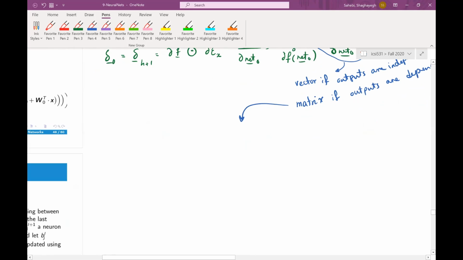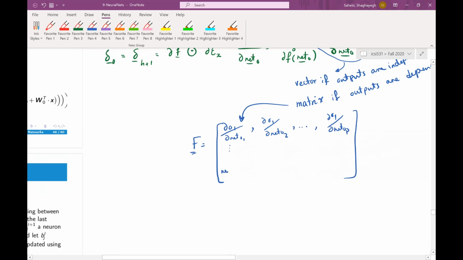Let's call it F, and it has all the partial derivatives in it: the derivative of O1 with respect to net O1, where O1 is basically FO of net O1, and the derivative of O1 with respect to net O2, etc., up to net OP, because we have P outputs.